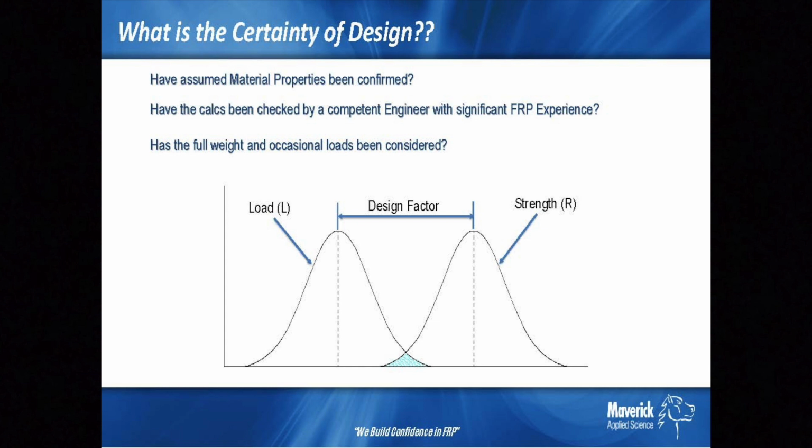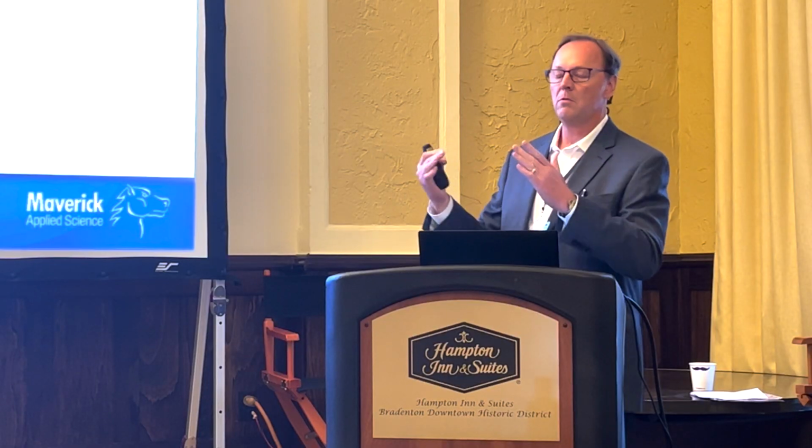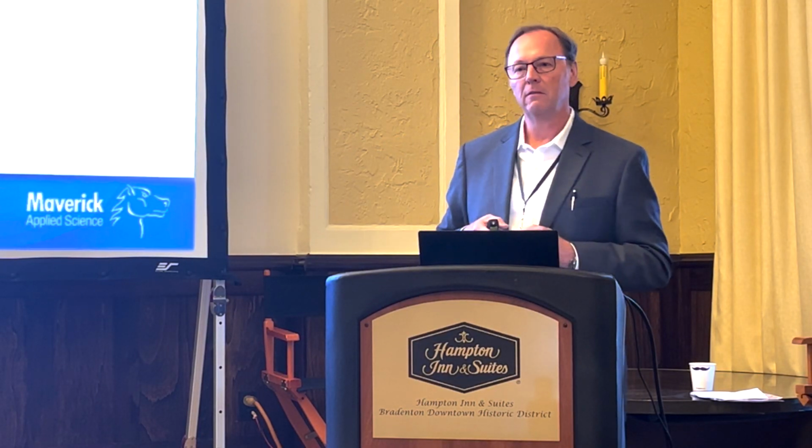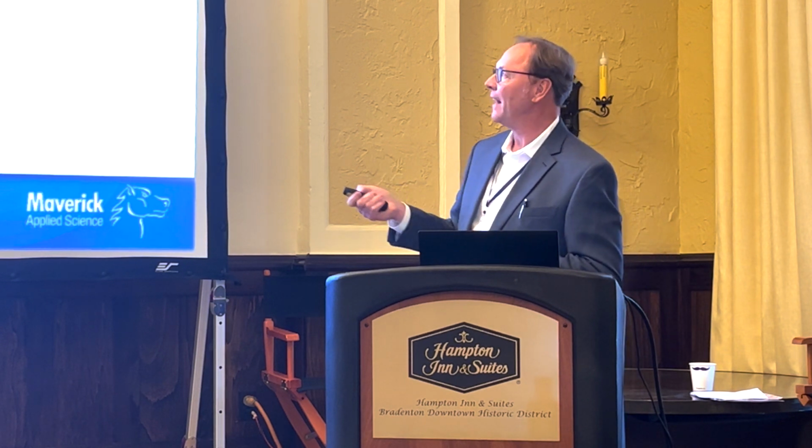All those things. If we didn't confirm material properties, maybe we're not getting the strengths here. That slides this curve a little closer to the loads. In this case, maybe we're overlapping 5%, maybe not a big deal. That 10 goes down to maybe a 9.5 or something like that. Not a big deal, but that's what happens.